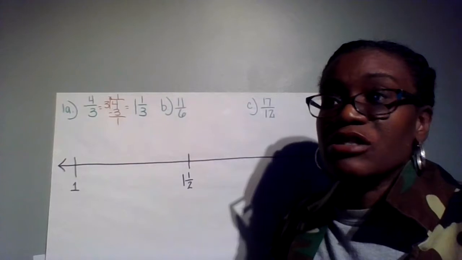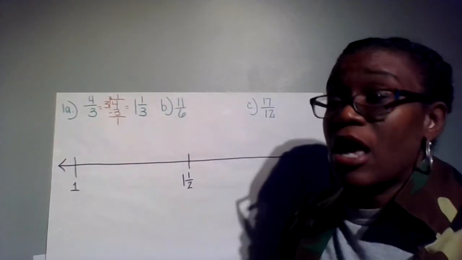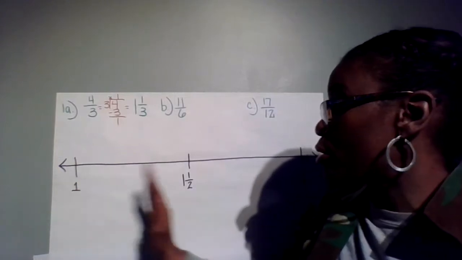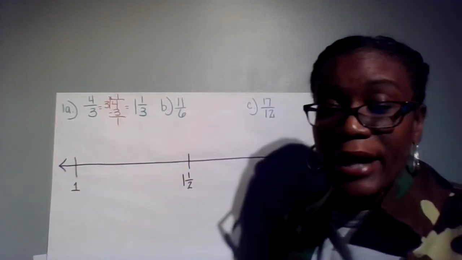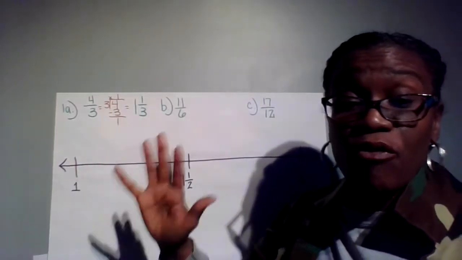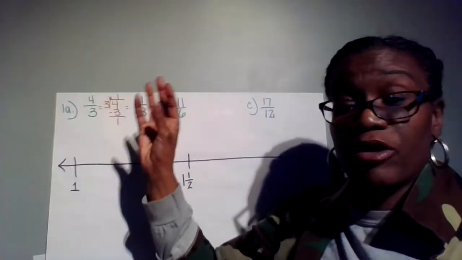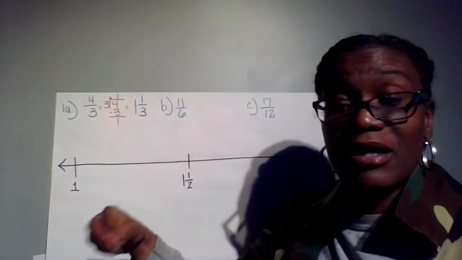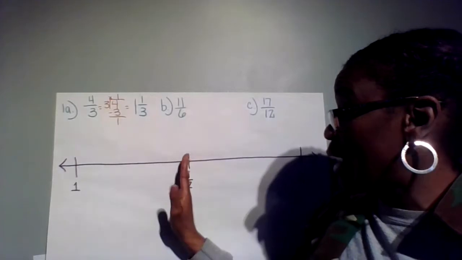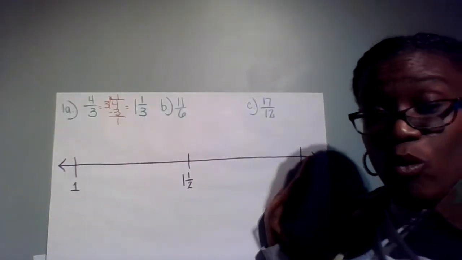Now, for the scholars and or parents that don't know, a benchmark is the numbers on the number line. And the benchmark normally for a regular fraction where the numerator is smaller than the denominator, your number line would say 0, 1/2, and then the number 1.